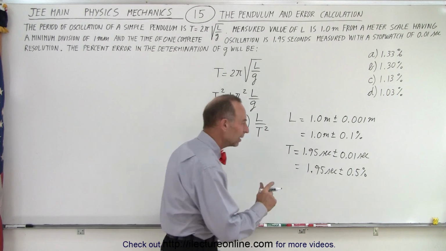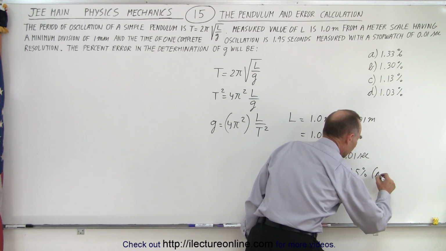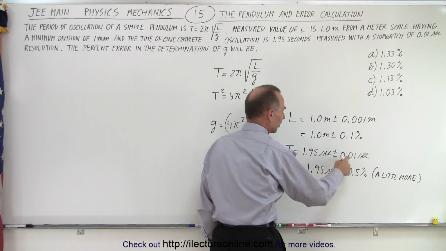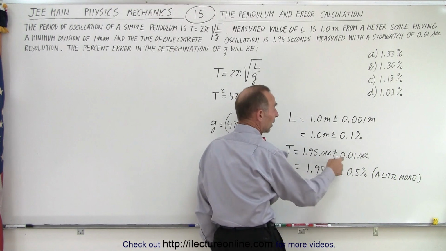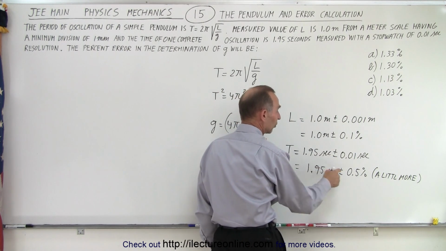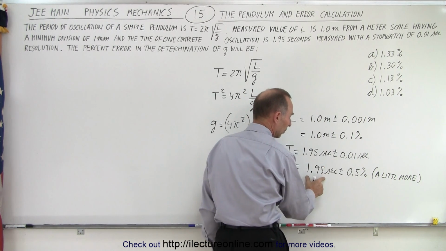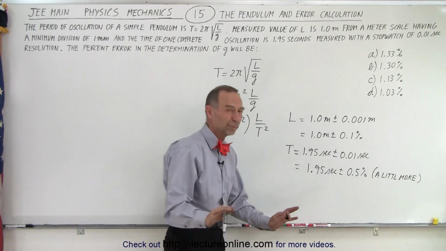It's actually a little bit more, because it's this much of an error for 1.95 seconds rather than this much of an error for 2 seconds. So this is the uncertainty or error. If this was 2 seconds, since it's only 1.95 seconds, it's going to be a little bit more, but close enough.